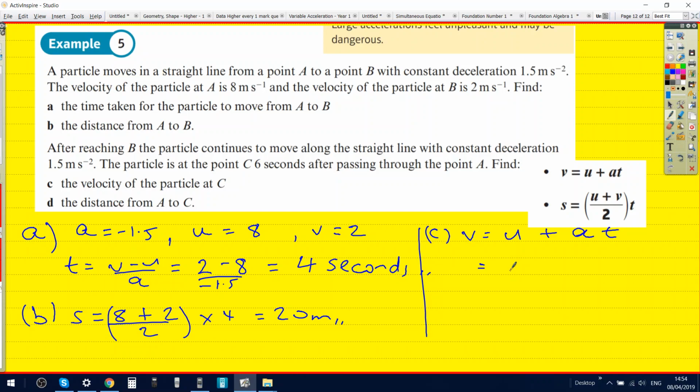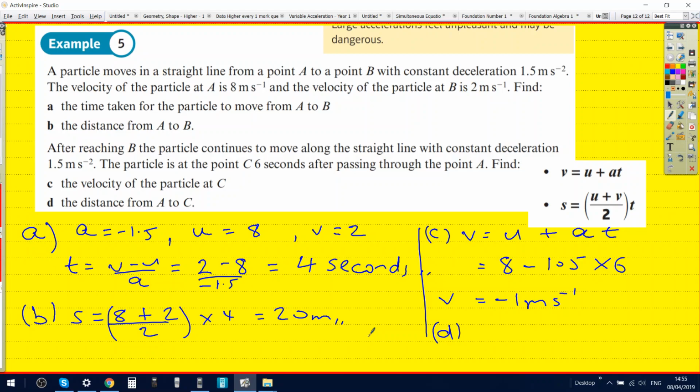Wasn't it 4 seconds to get from A to B? 6 seconds, yeah, sorry. So V equals minus 1. Yeah, nothing wrong with negative velocity. That just means it's going back in the other direction.